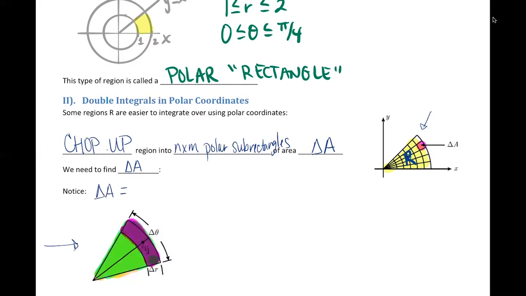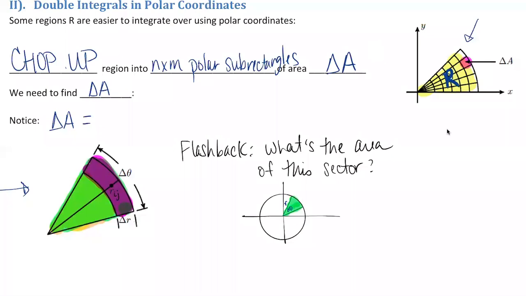Take a minute first and see if you can remember how to find the area of a sector of a circle. Let's just draw a little circle and it'll flash back for us. I'm writing delta theta inside there, instead of theta, because that's what we're going to be using as we chop up this region ourselves. See if you can remember how we can figure out this area.